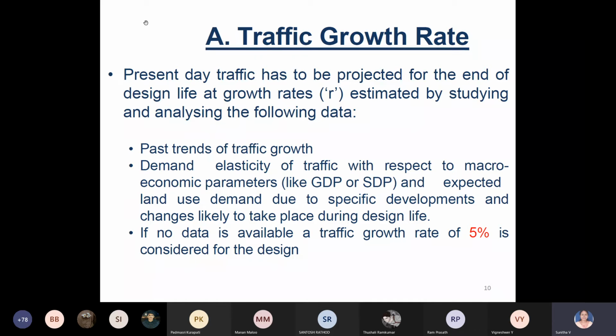If neither of these is available, then as per IRC 37, a traffic growth rate of 5% is considered for the design. If you don't have the past trends or any other data, it can be assumed as 5% for the design.